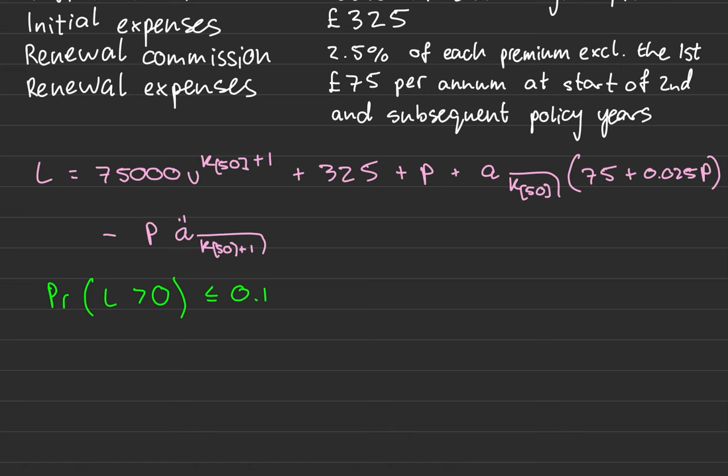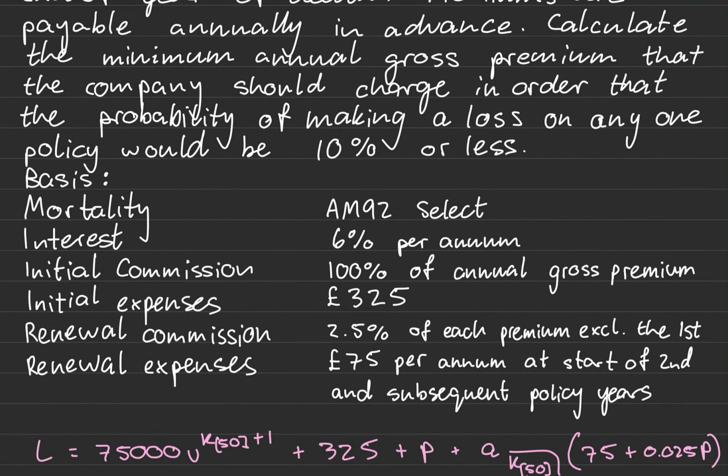But from here, I can't actually go and do anything. What I really need, if I want to calculate the premiums, what I'm going to end up needing is these K50s, and I'm going to need a value for L. So from here, I need to move to something that I can work out better. Now I want the minimum annual gross premium.